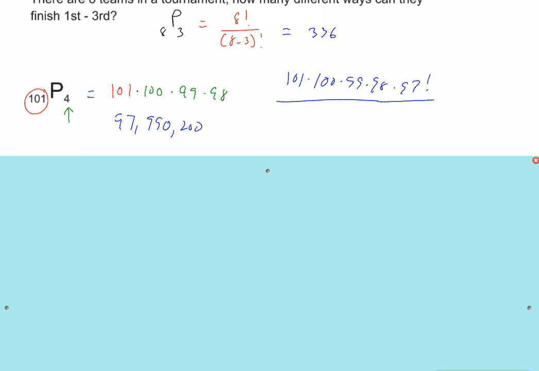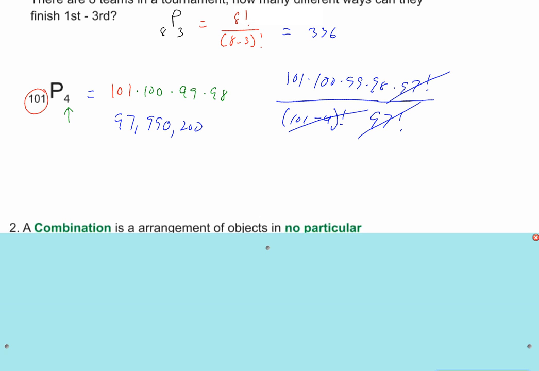And the bottom is 101 minus 4 factorial, which indeed is 97 factorial. And you see how the 97 factorials divide out? And what do you end up with? 101 times 100 times 99 times 98. That's why that works. That's what's going on. But again, you have a button, so you can use your button.